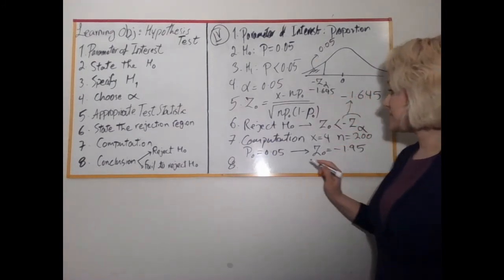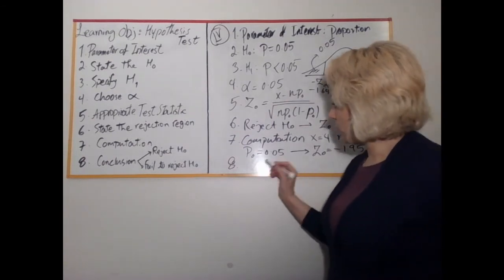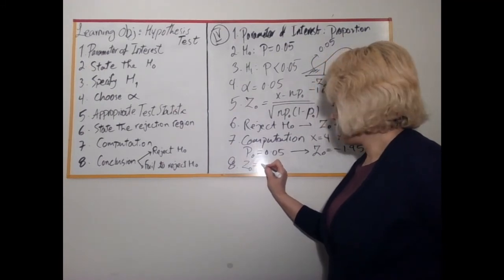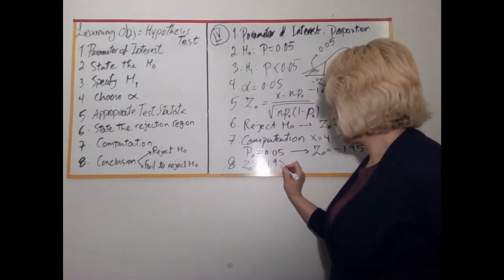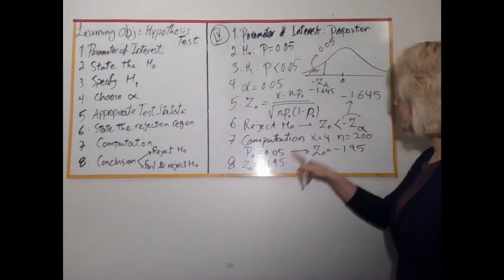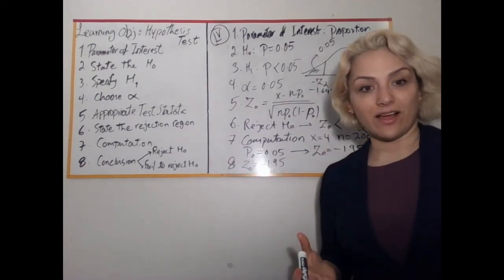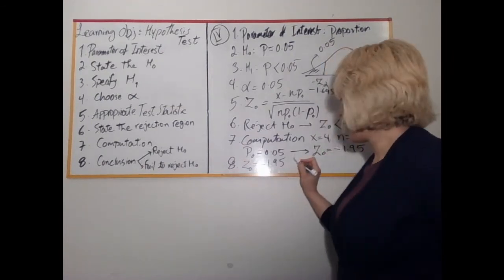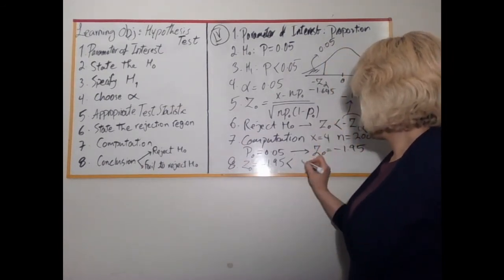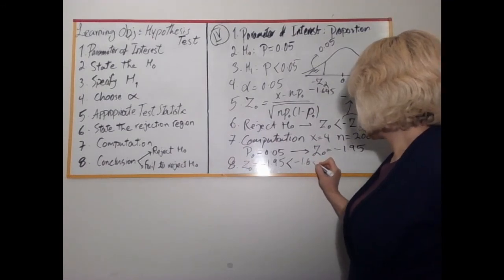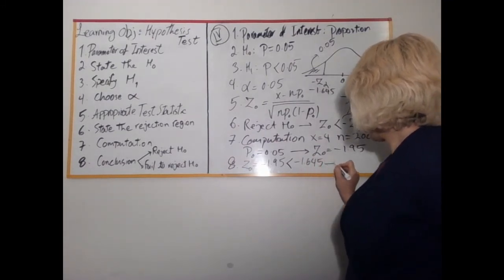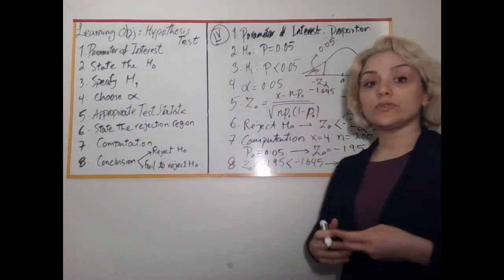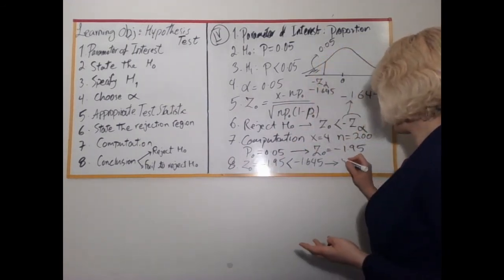So we would say here our Z null, which is equal to minus 1.95, is less than minus Z alpha, which is minus 1.645. So my Z null is somewhere in the rejection region, so I would reject the null hypothesis.